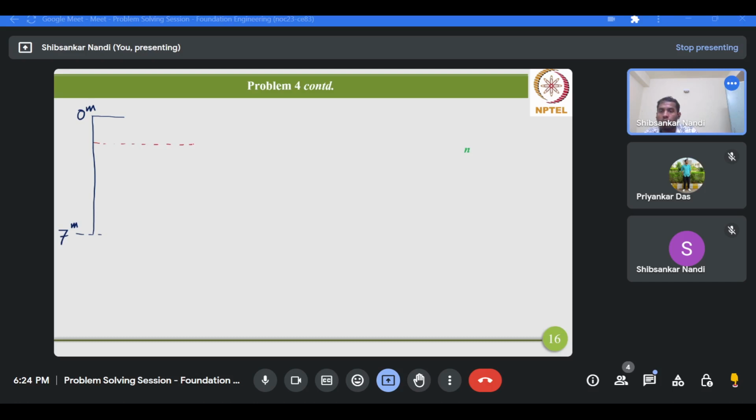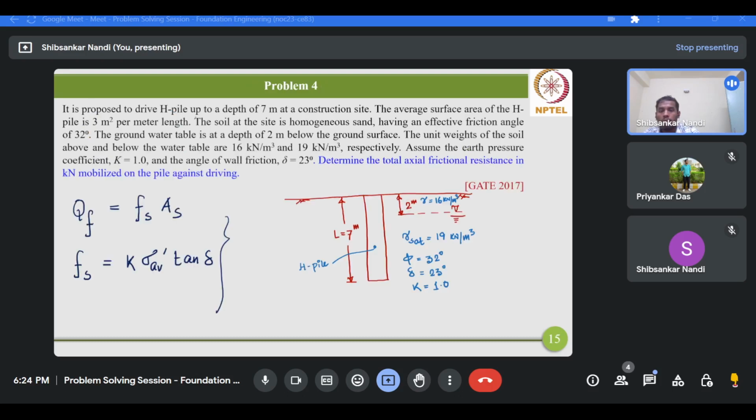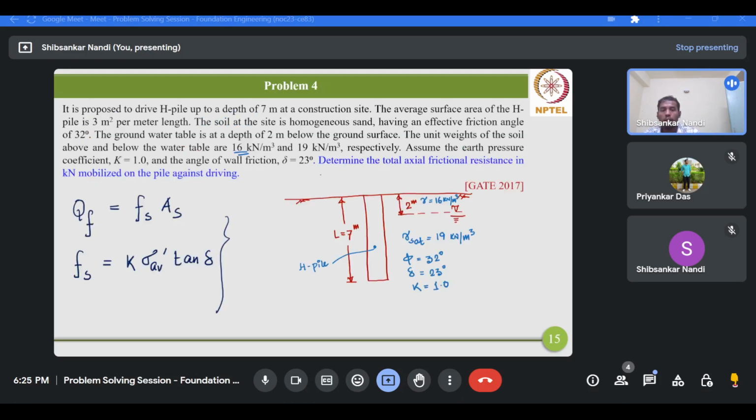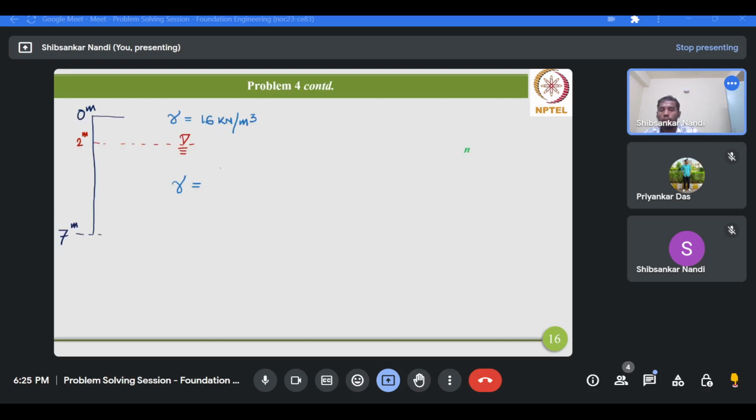The gamma value for soil above the water table is 16 kilonewton per meter cube, as mentioned in this problem, and the gamma value for soil below the water table is 19 kilonewton per meter cube.